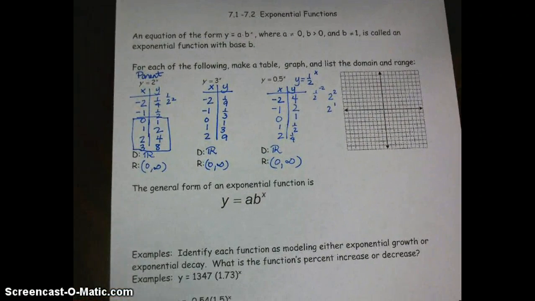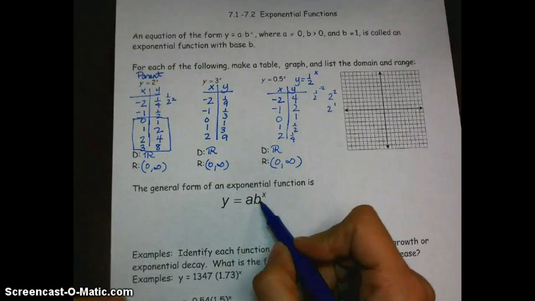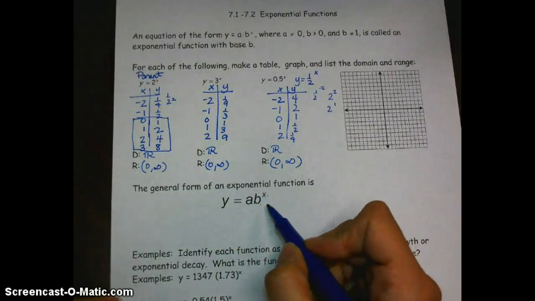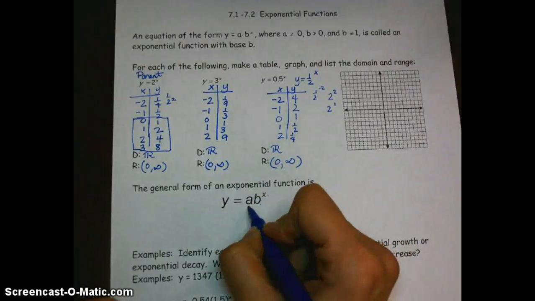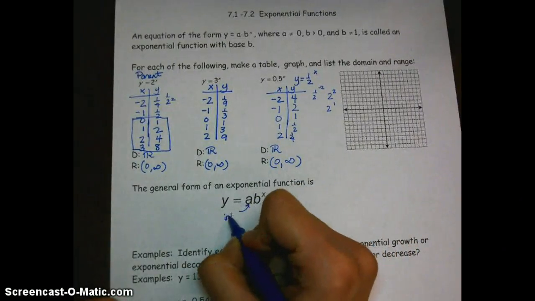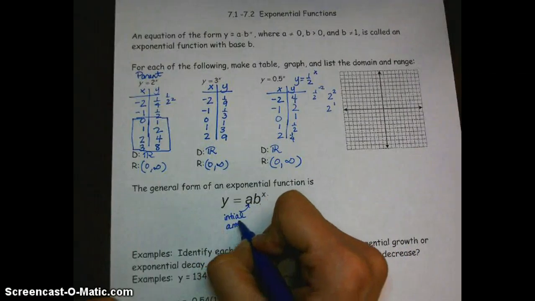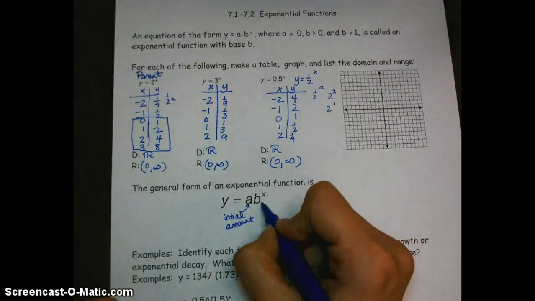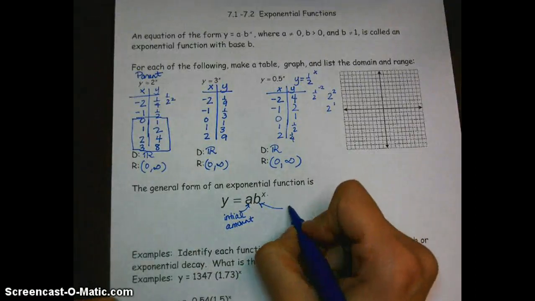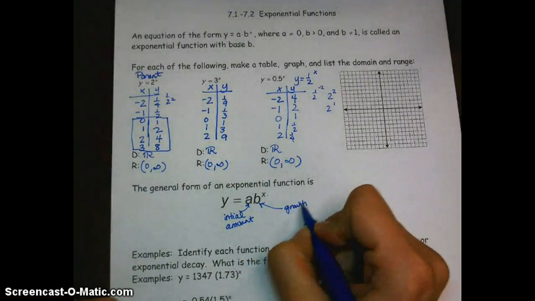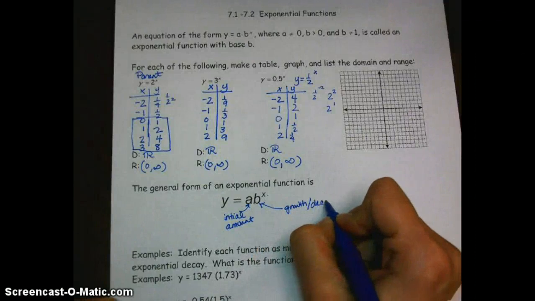All right, so the general form of an exponential function takes on this. And remember, these values mean something when we start transforming it. For applications, A represents the initial amount, and B is talking about growth or decay. Think back to your buzz bug activity.